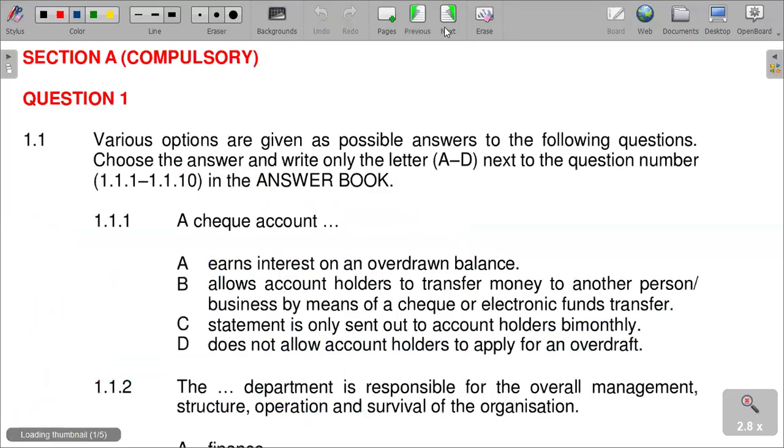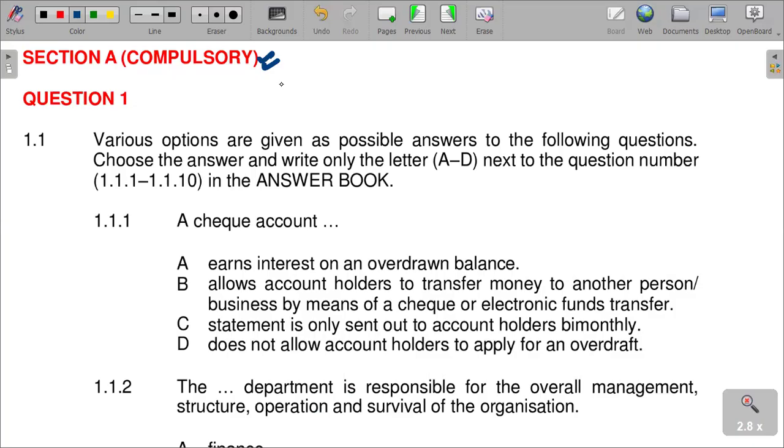Okay, let's go through the question paper. Section A is compulsory, and we just have to answer the questions by choosing the correct answer from the multiple choice answers given there. So it's a check account. A check account is an account that allows holders to transfer money to another person or a business by means of a check or electronic transfer.